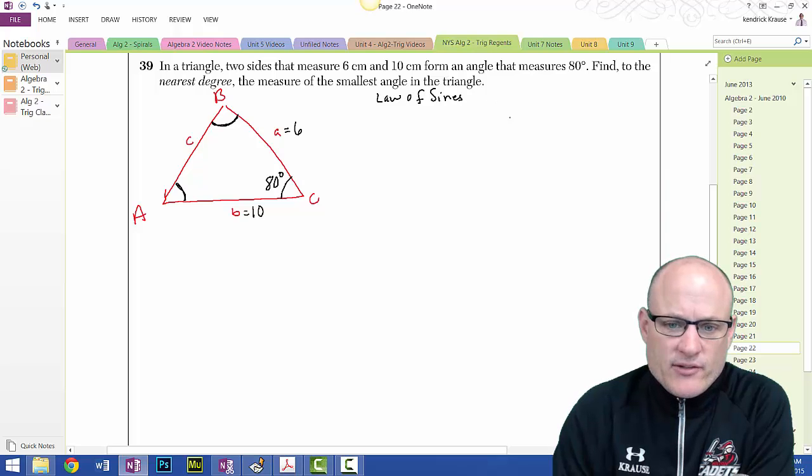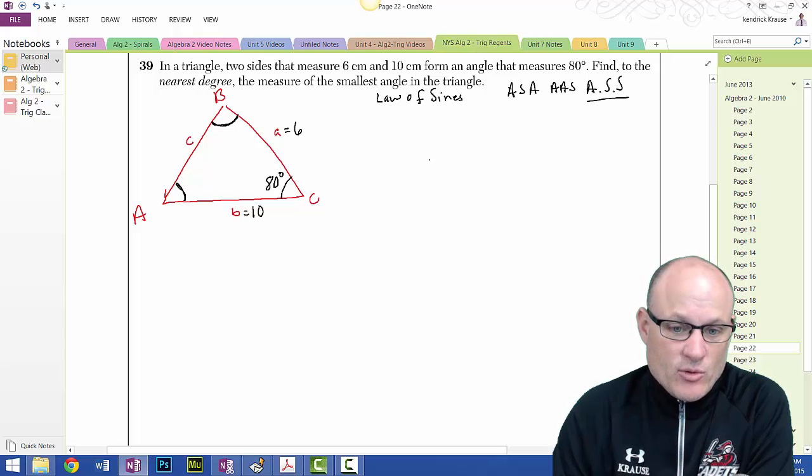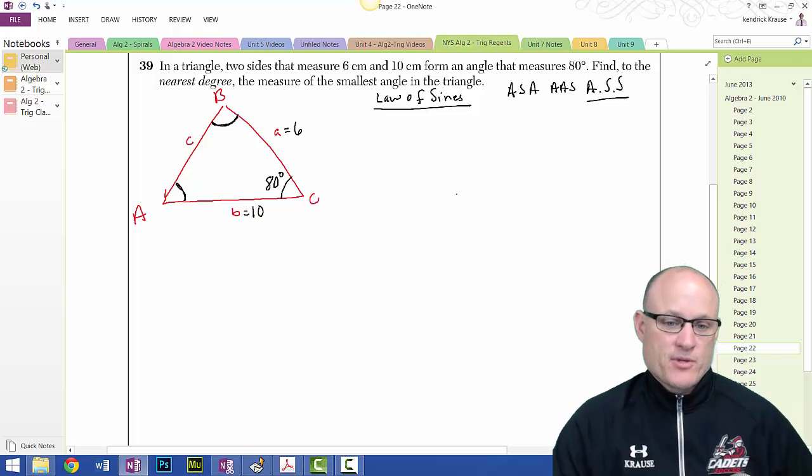Now, the law of sines we use only if we have angle, side, angle, or angle, angle, side, or angle, side, side. I don't have either of those cases. What I have is side, angle, side. And since I have side, angle, side, I don't want to use the law of sines. I really want to use the law of cosines.